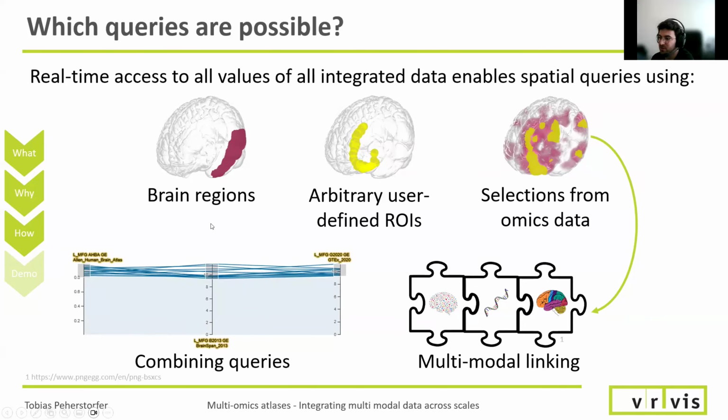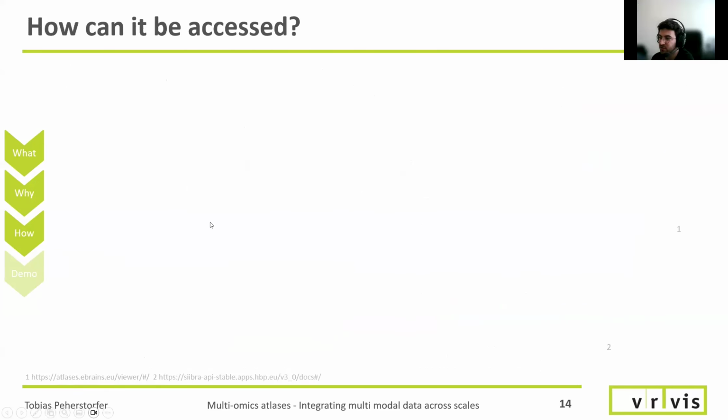Okay, cool. So now it's important to consider, now that we've done all this complicated stuff by integrating the data and making it queryable fast, how can it actually be used? How can it be accessed? For these multi-omics atlases, there are usually two main ways of accessing them.